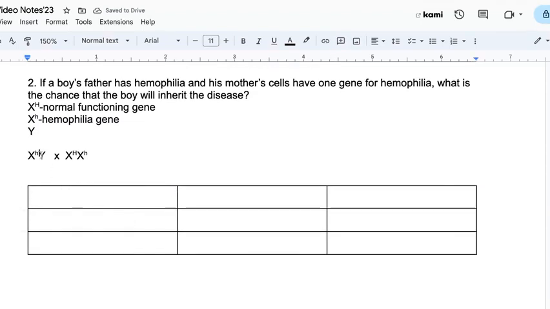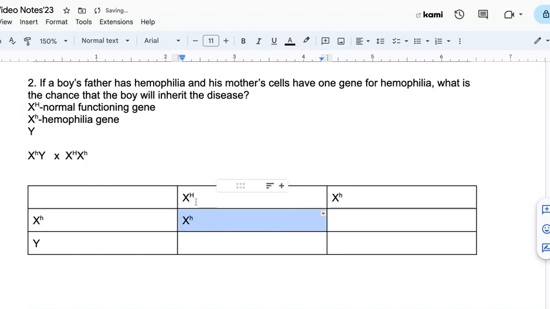We would put dad's alleles in one box, and he has a Y. We would put mom's alleles up top. Then we're just going to fill in the boxes. Oops, I should really put this one first.